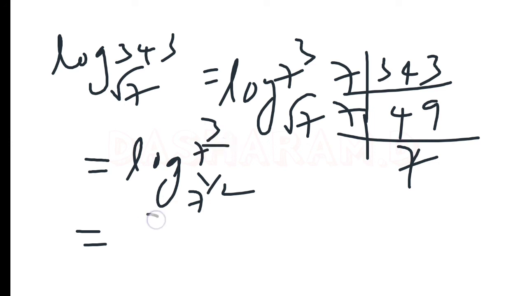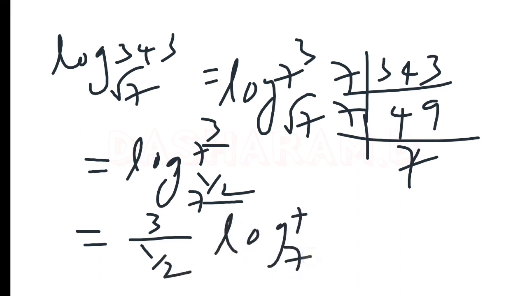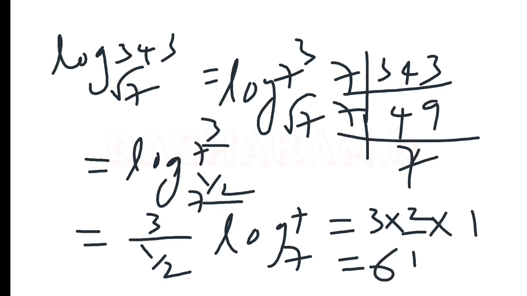So this exponent will go to the numerator place and this exponent will go to the denominator place. So finally log 7 base 7. So it equals 3 by 1 by 2, which means 3 into 2 by 1 into log 7 base 7. The answer is how much? 1. So 3 twos are 6.